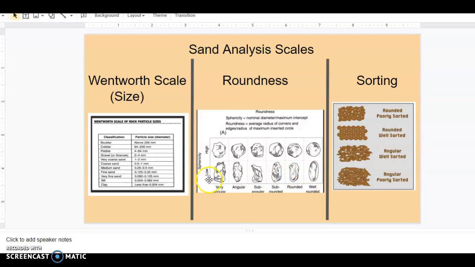So there is a low sphericity or a high sphericity, meaning high circle, look how close to circles those are, or low sphericity, low circle, not really a circle, more like an oval, and then the angularity of it. So it could be very angular with a low sphericity. Okay, now moving through.